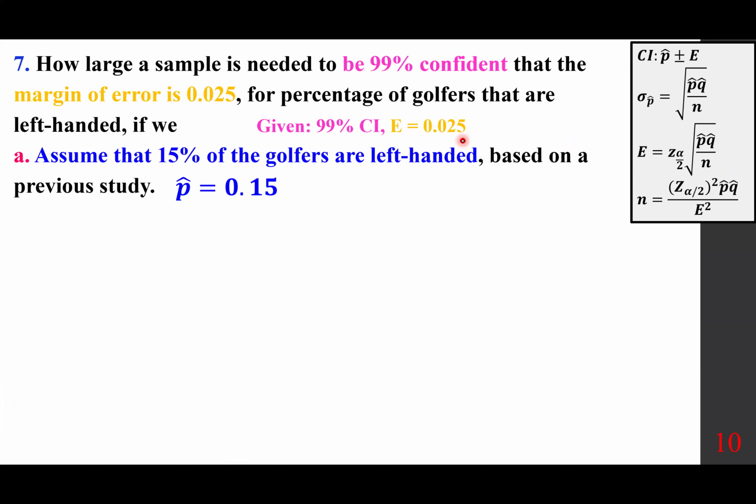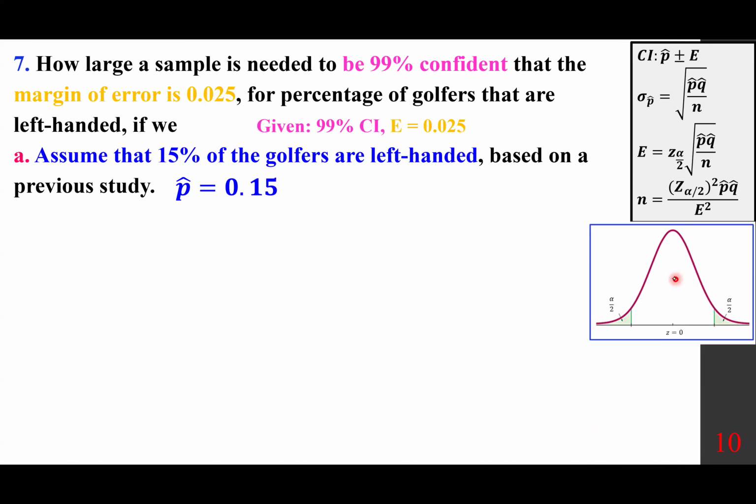Now, 99% also is a common confidence level. So this is 99%. That means 1% in the two tails. That means 1% divided by 2 in each tail. Okay, so I want to make sure everybody understands what's going on here. So 0.01 divided by 2 means 0.005.